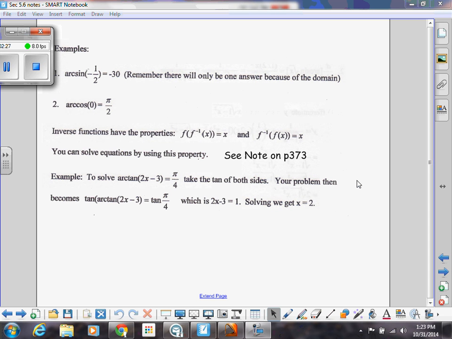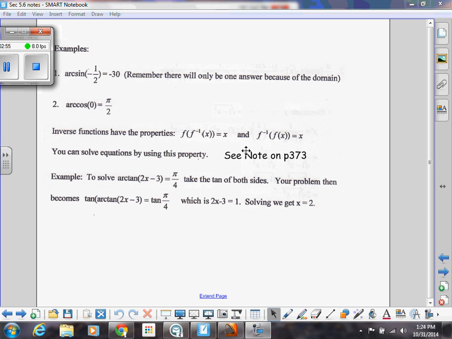This note on page 373, I think it's important to remember. It's just the paragraph right above that box. It says that the property that inverses of each other, if you compose them, equal x, is only true when you're in the proper domain and range.